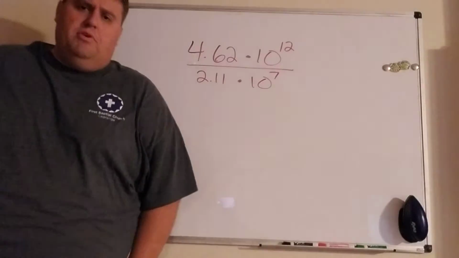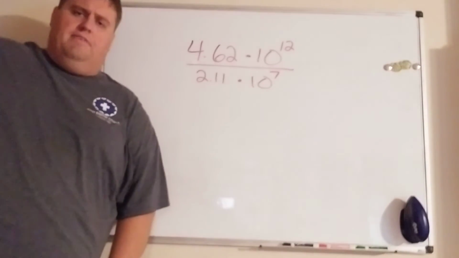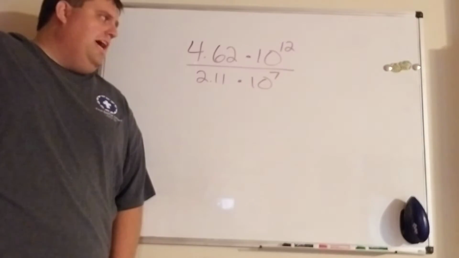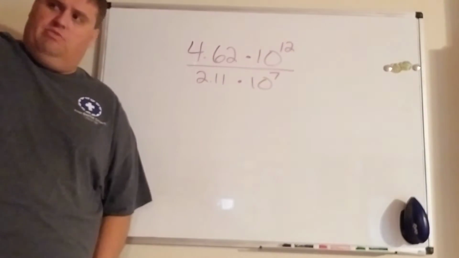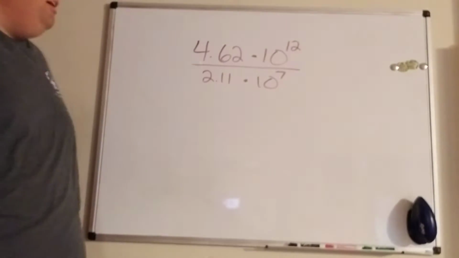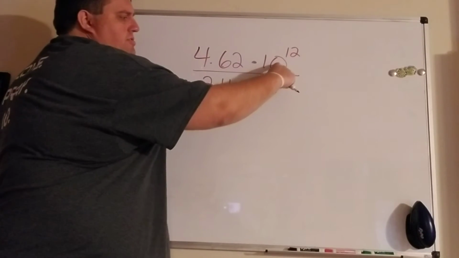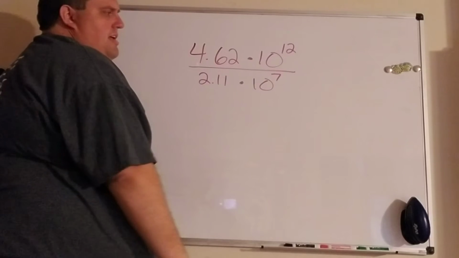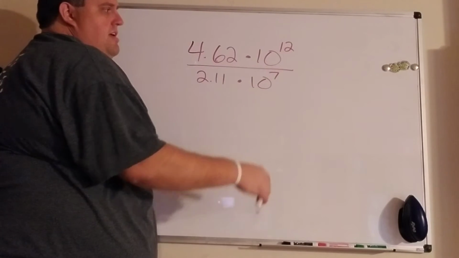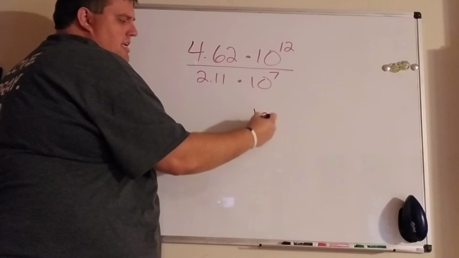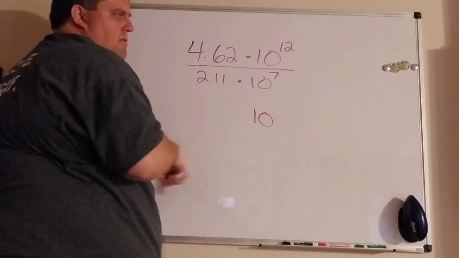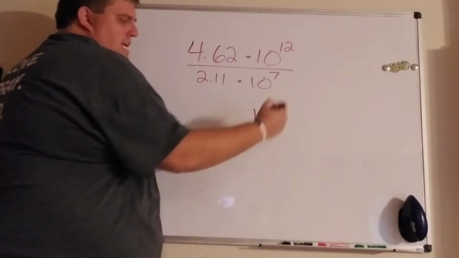All right, so if we're dividing scientific notation, we're going to actually use our exponent rules, which is why we learned about exponent rules first, right? So if you look here, we are dividing two things that have the same base. The tens have the same base. So I can keep the 10 and subtract the exponents, and that would give me 10 to the 5th power.